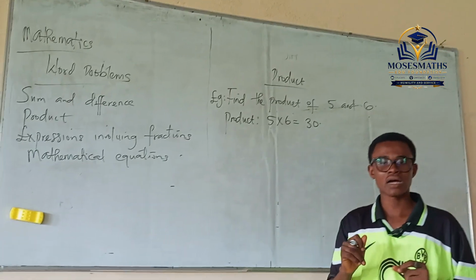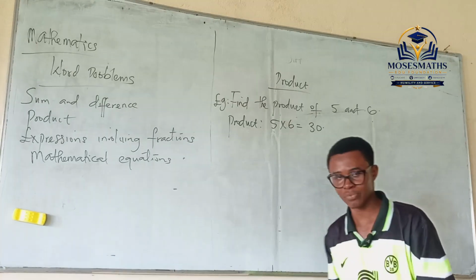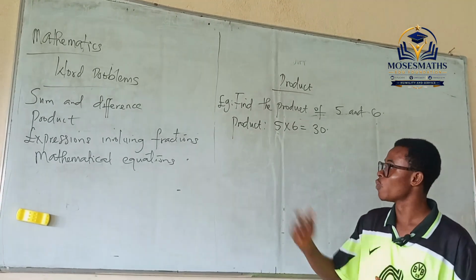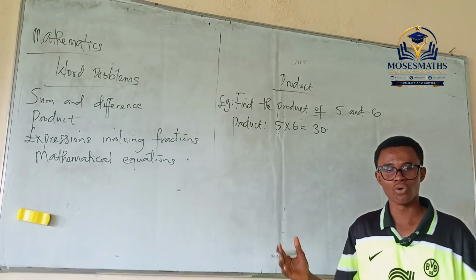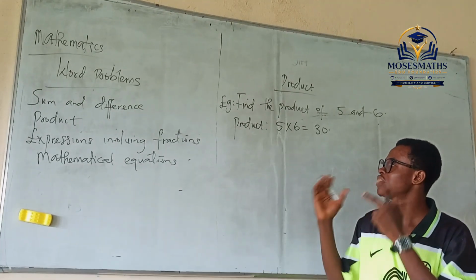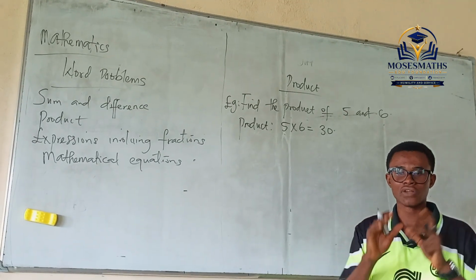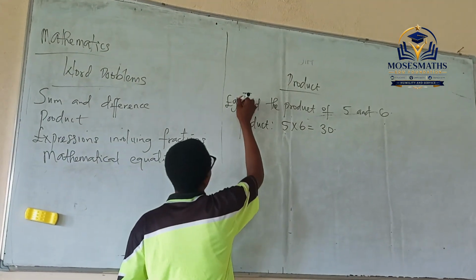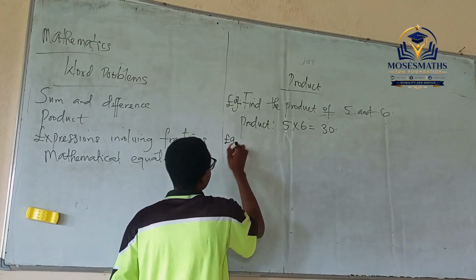Then I want us to look at some other examples. In these examples, I will give you a combination of sum, difference, and product. Now look at how I'm going to construct this question. Let me call this example 1, example 2.